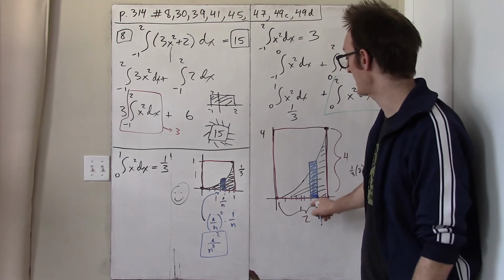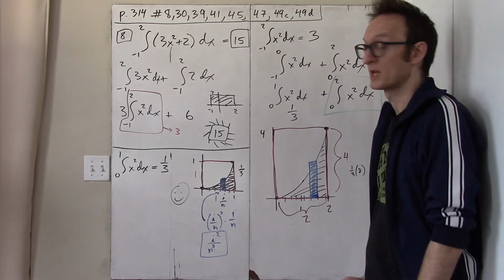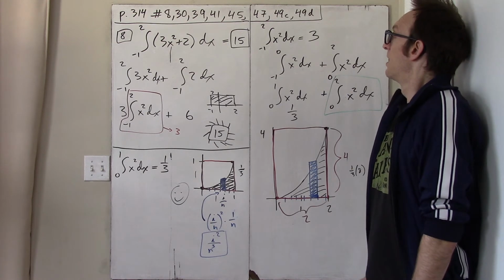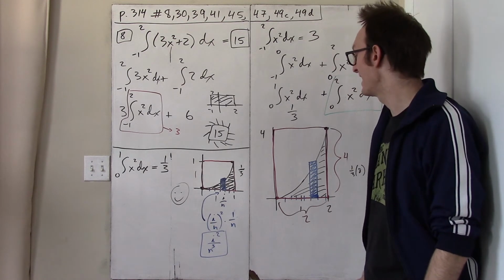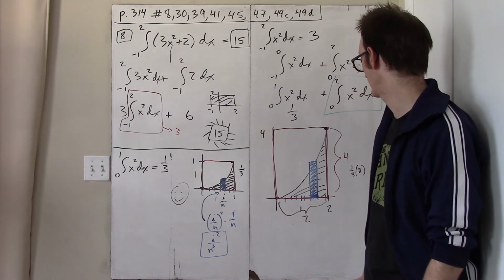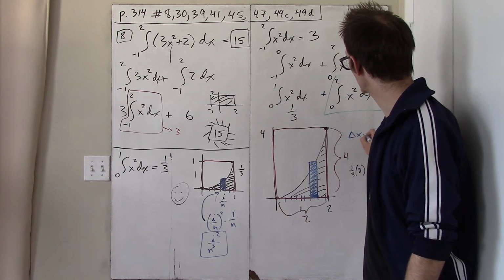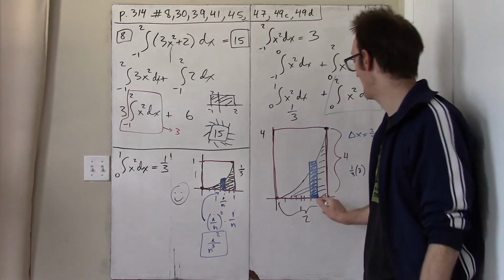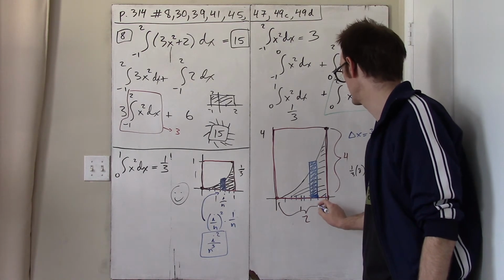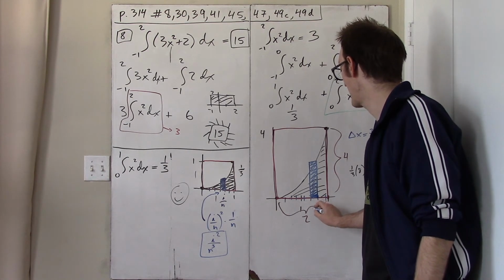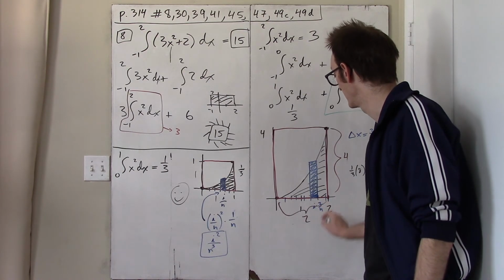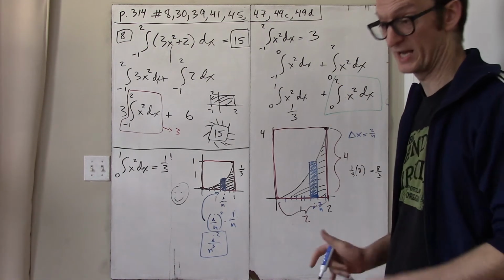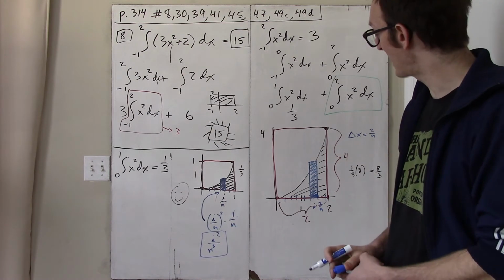Well, my delta x now is 2 over n because I have a width of 2, and therefore this point is just i times 2 over n because I've moved over by 2 over n, i times.